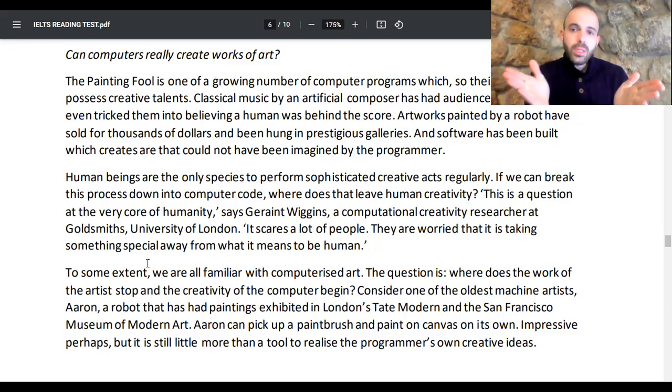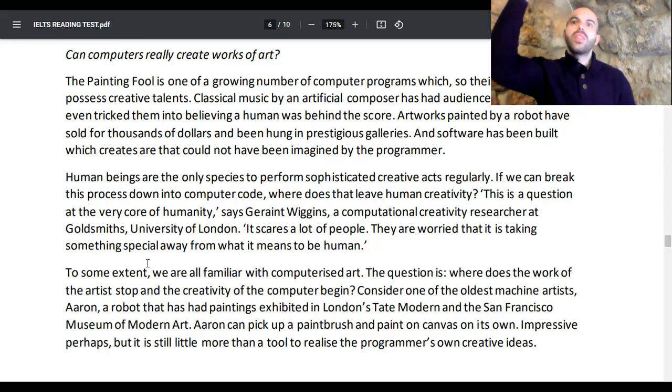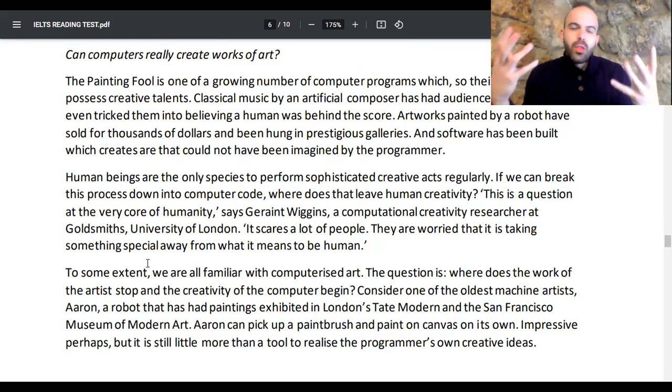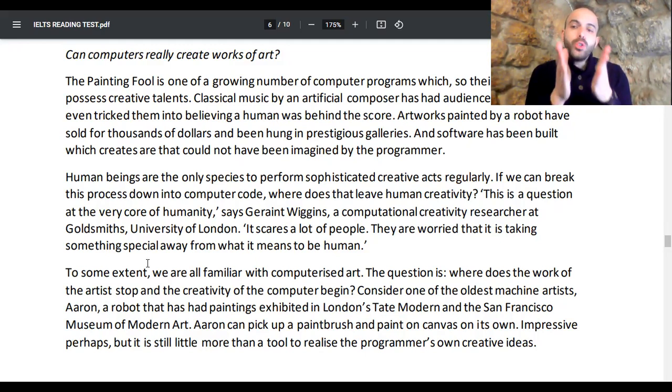So some candidates might find reading passage 3 easier because they are familiar with the topic. Do you get what I'm saying? So it's not about how big the text is, how long the sentences are, how rich the vocabularies are, how difficult the synonyms are. It's about when you read, you need to push yourself to understand the sentences in the text.